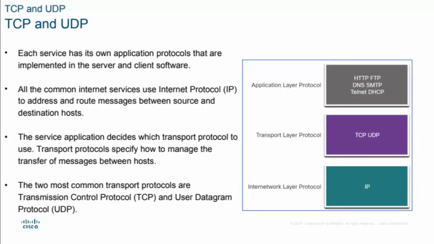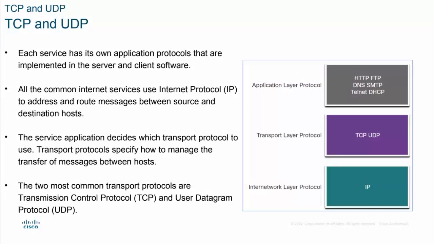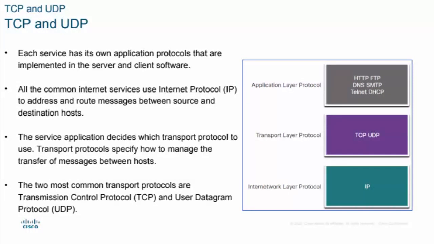Each service has its own application protocols that are implemented. All common internet services use IP for addressing and routing between the routers. The service application decides which transport protocol to use.